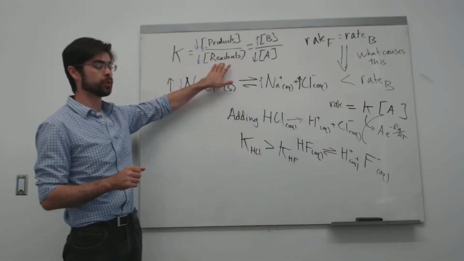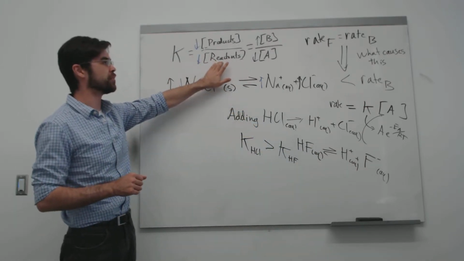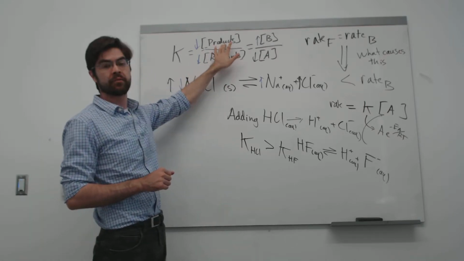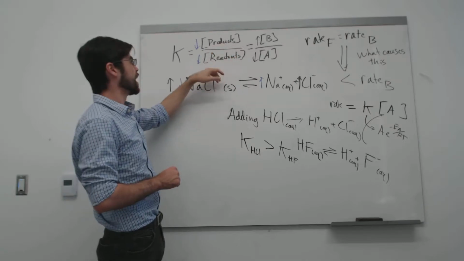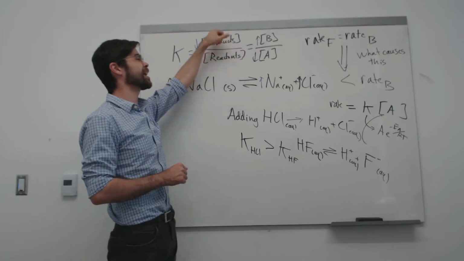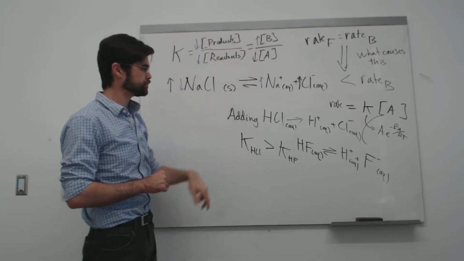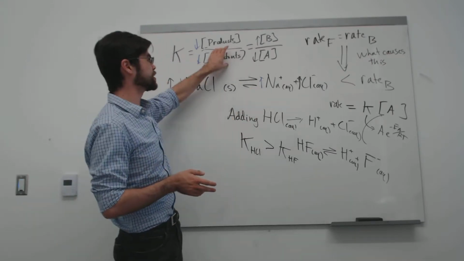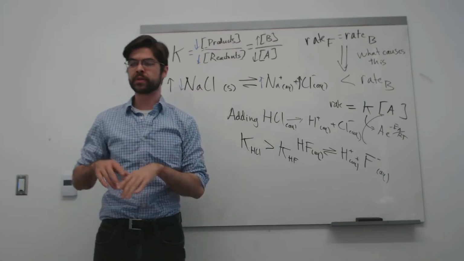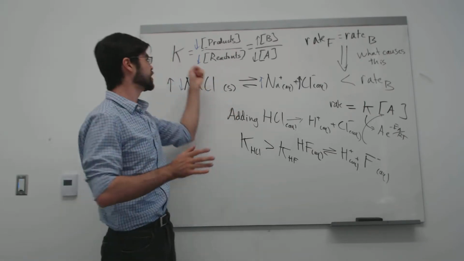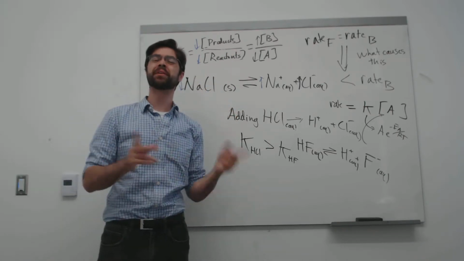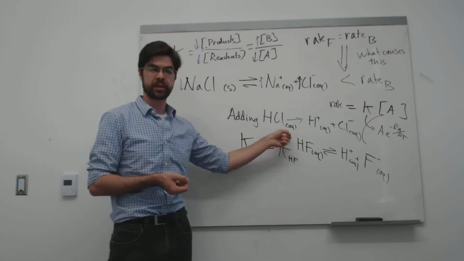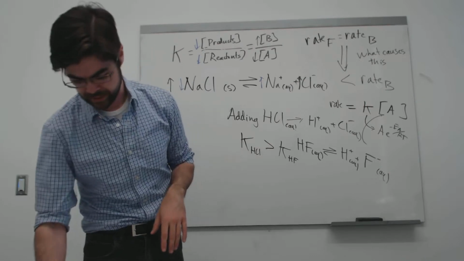So there's an appreciable concentration of HF, and there's a reasonable concentration of H plus and F minus. So you have something that is not entirely skewed towards the products. You have a relatively large denominator, so it's not a terribly large equilibrium constant. Again, that assertion is building upon some intuition by knowing that HF is a weak acid.